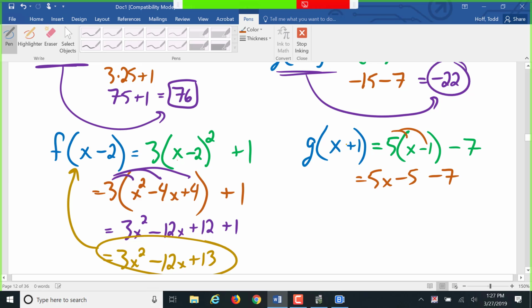Minus 7, well, we combine. That's 5x minus 2. That is g of x plus 1. That should be a plus 1, thank you. So that should be 5x minus 2, not minus 12.